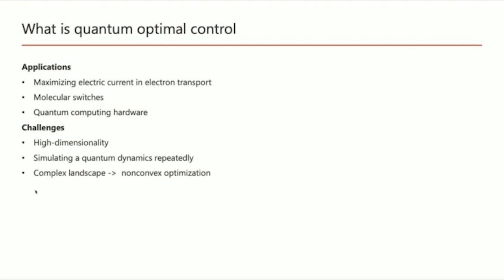Now, I'm going to be focusing on three specific questions. The first part is that we are actually controlling a system that's constantly interacting with an environment. So I'll talk about how to simulate this kind of dynamics. And eventually, this comes down to simulating the Lindblad dynamics with a time-dependent Lindbladian.